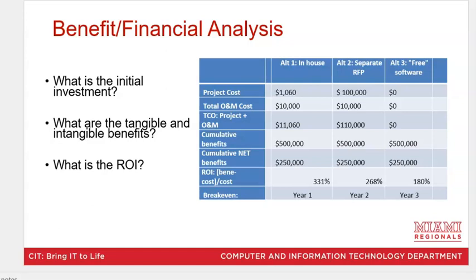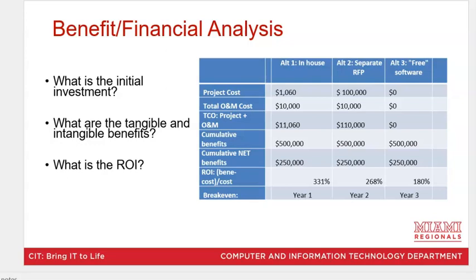So here's the benefit and financial analysis. The initial investment depends on basically who's creating the application. If it's done in-house, project price is around $1,000, or it could be upwards of $100,000 to have it done by an outside vendor. Or if you could come up with an open source software, obviously the cost would be zero.